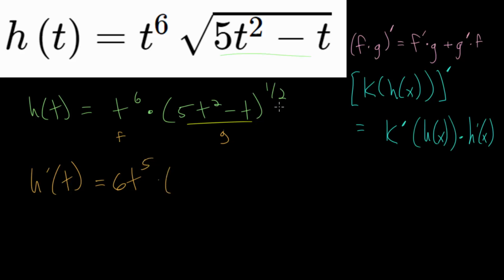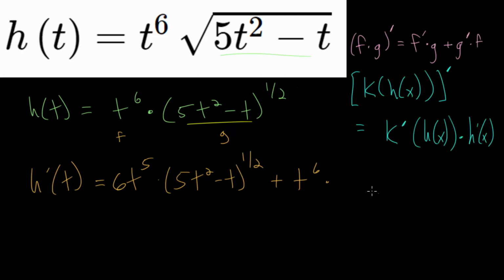Then we multiply all of that by the function g, which is just 5t squared minus t all raised to the 1/2 power. Then we add the derivative of g multiplied by f. I'll put f first, t to the 6, and then we multiply by the derivative of this function.